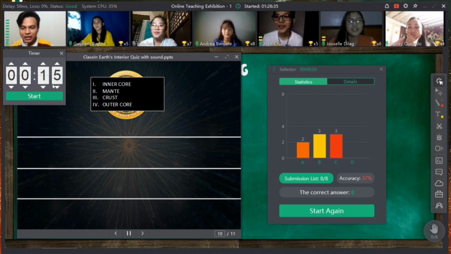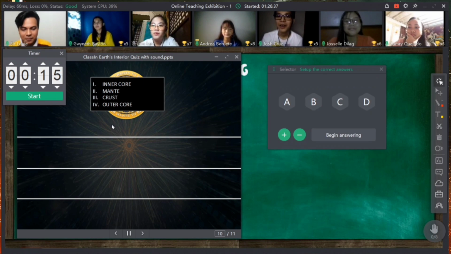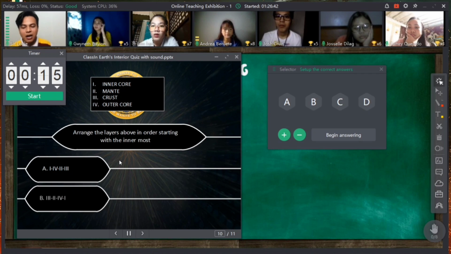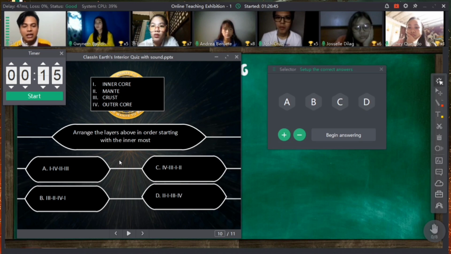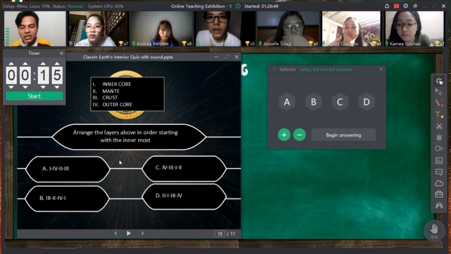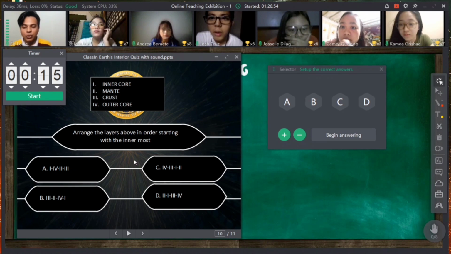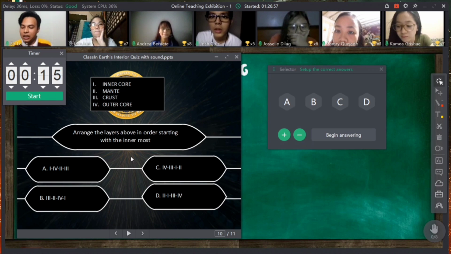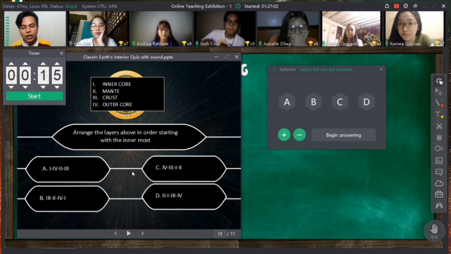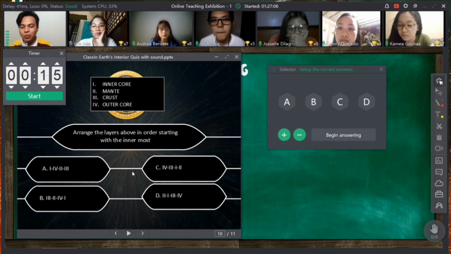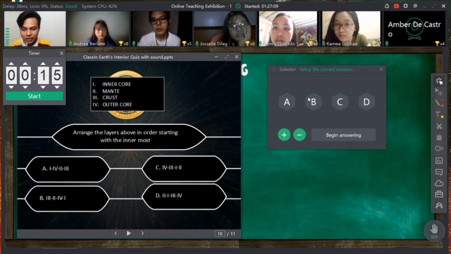Next, for the last question, arrange the layers above in order starting with the innermost. So again, arrange the layers above in order starting with the innermost. So A, 1, 4, 2, 3. B, 3, 2, 4, 1. C, 4, 3, 1, 2. And letter D, 2, 1, 3, 4.